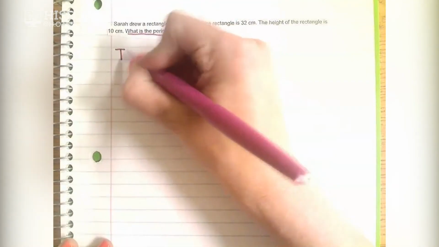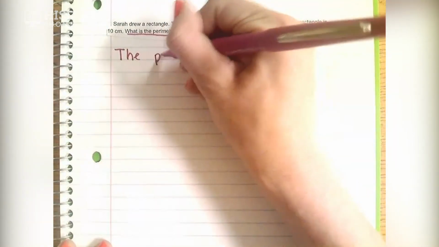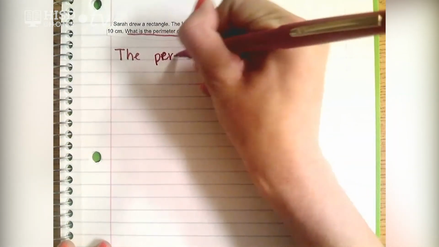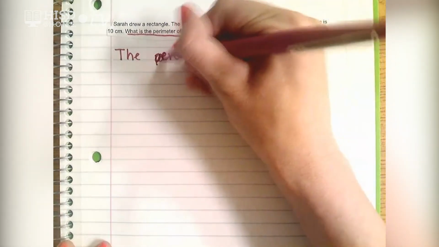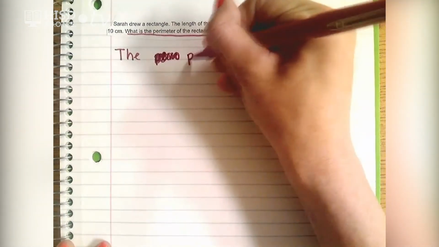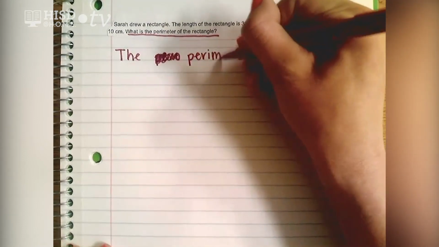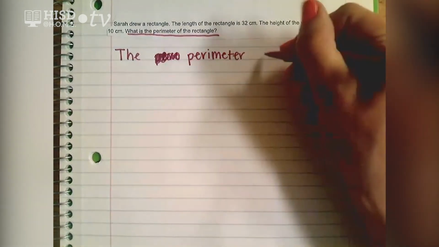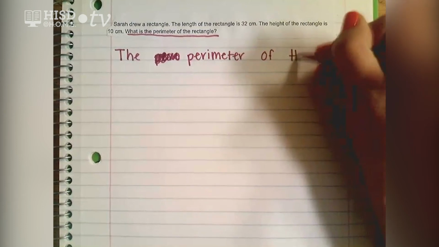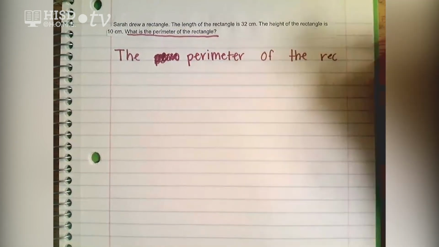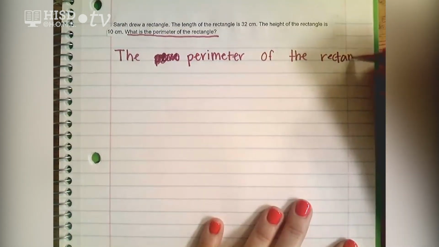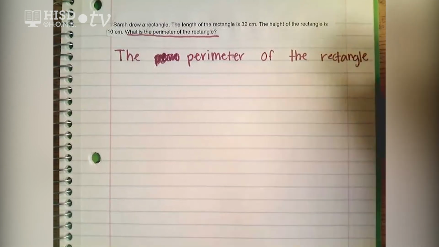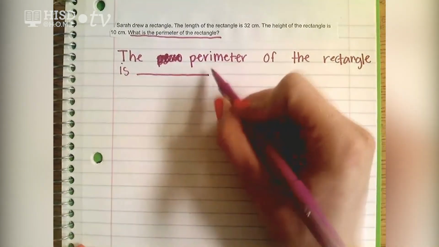I'll say the perimeter of the rectangle is blank centimeters.